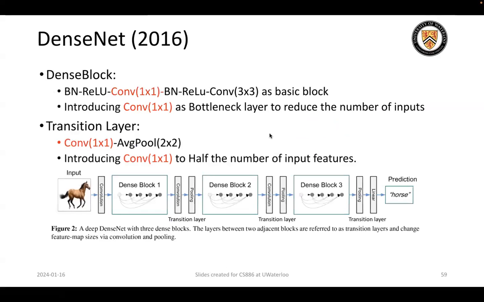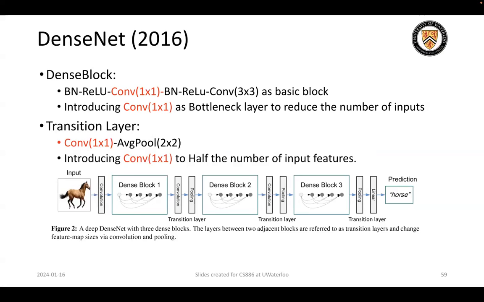DenseNet also introduced a technique called the dense block, which is batch normalization, followed by ReLU, followed by 1-by-1 convolution, followed by batch normalization, followed by ReLU, followed by conv 3-by-3. This is a basic block. They introduced a new convolution, 1-by-1 convolution, as a bottleneck layer to reduce the number of inputs.